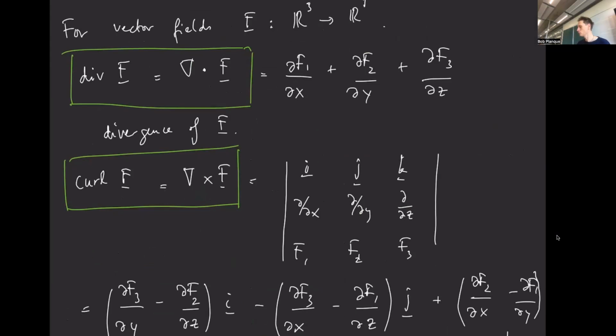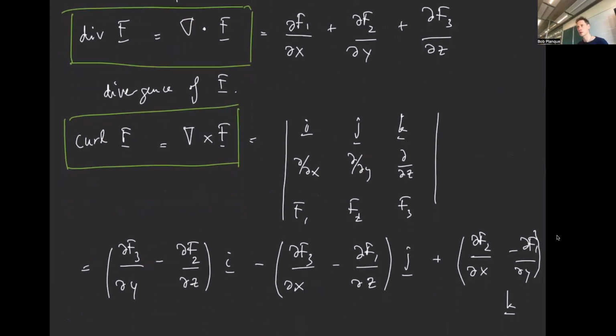you can see that both of these measures, the divergence and the curl, say something about what this vector field does in terms of the first order partial derivatives.